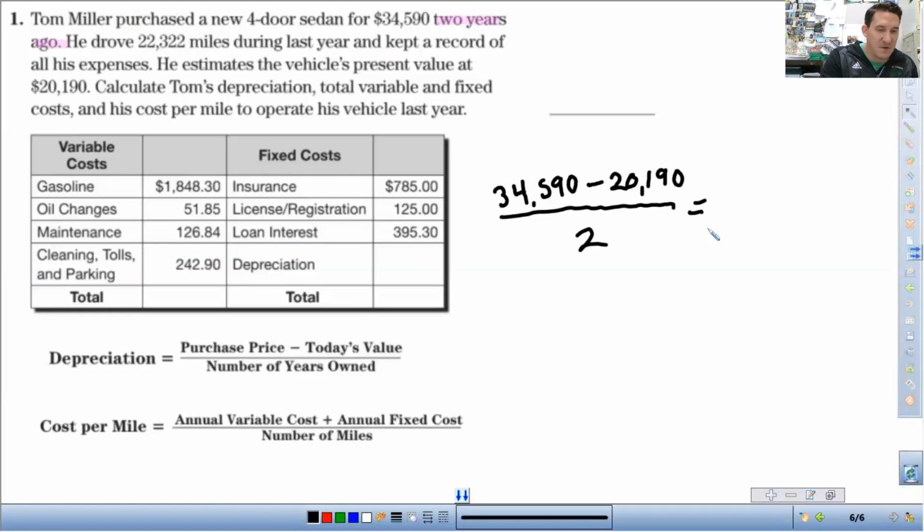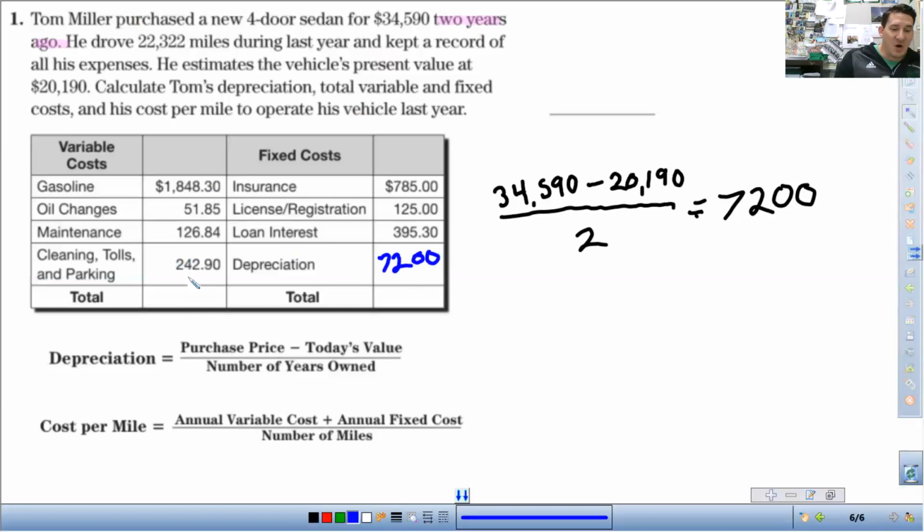If you look, it's already worth almost 15,000 less than he paid for it. 34,590 minus 20,190 comes out to 14,400. Divided by 2. Oops, forgot to divide by 2. So that's 7,200 when you divide by 2. I'm going to put that in here, 7,200.